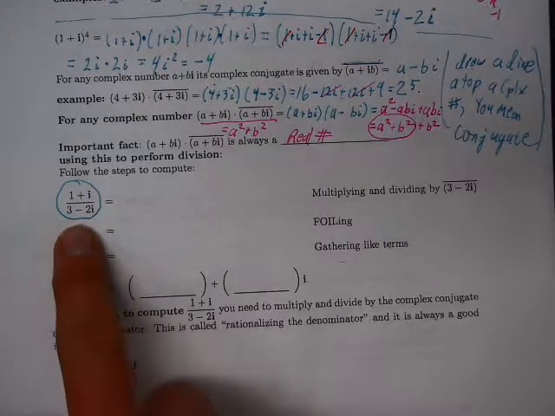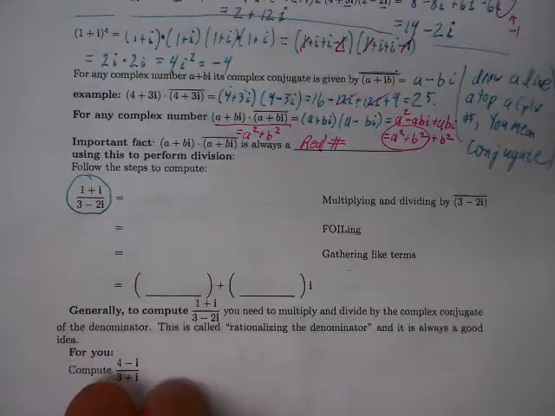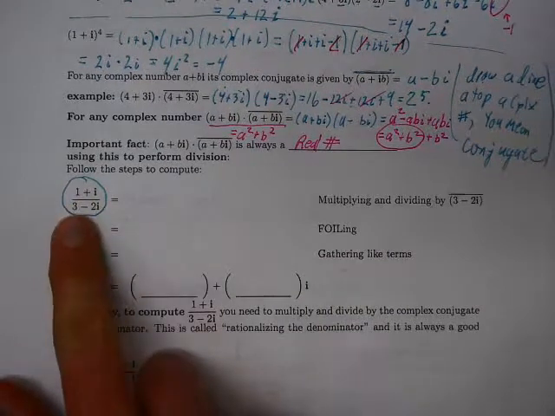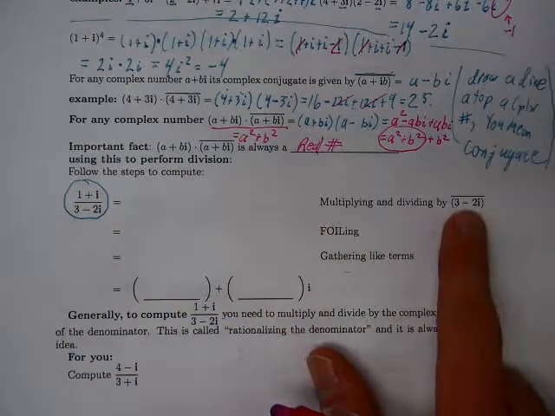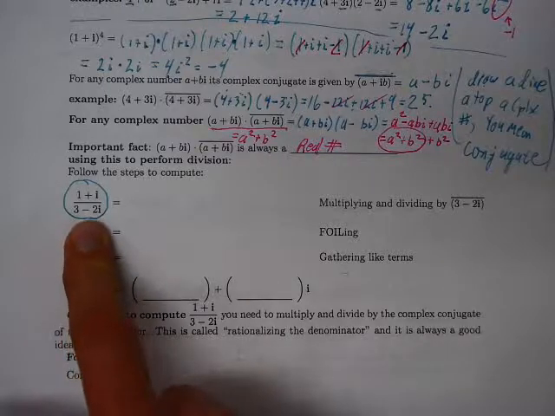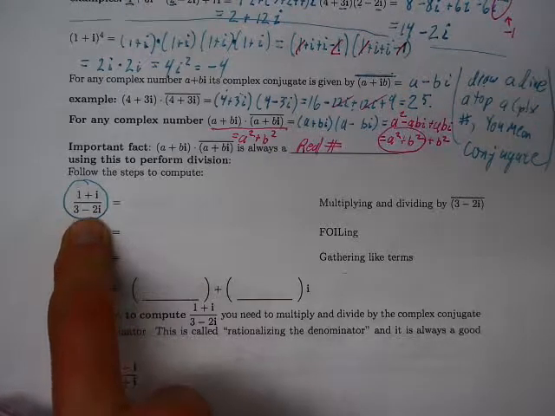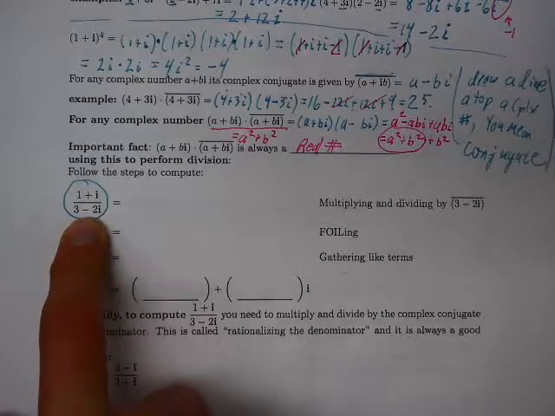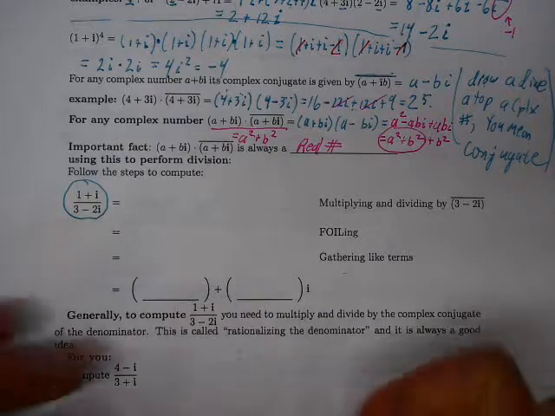Let's see how we can use that to divide. So let's divide, and here's how we'll do it. We'll start by multiplying and dividing by the complex conjugate of the denominator. Because the problem is I don't know how to divide by a complex number. So let's multiply everything by the thing I need to multiply by in order to turn the denominator into a real number. 1 plus i divided by 3 minus 2i.